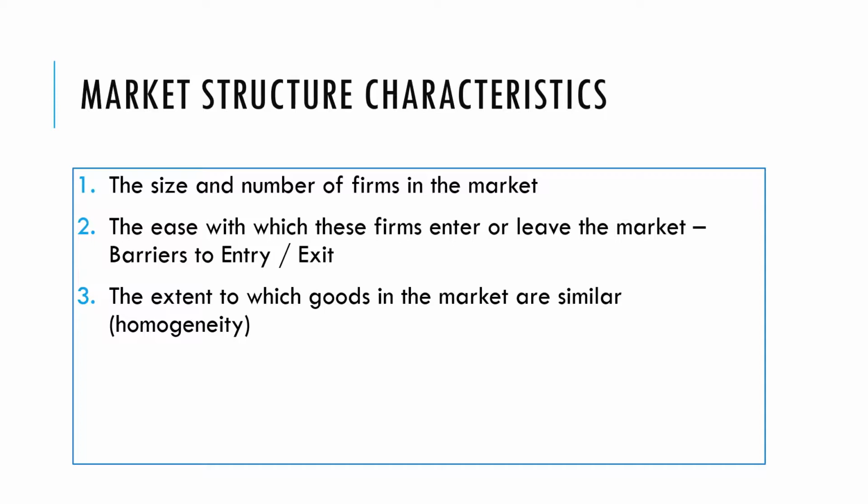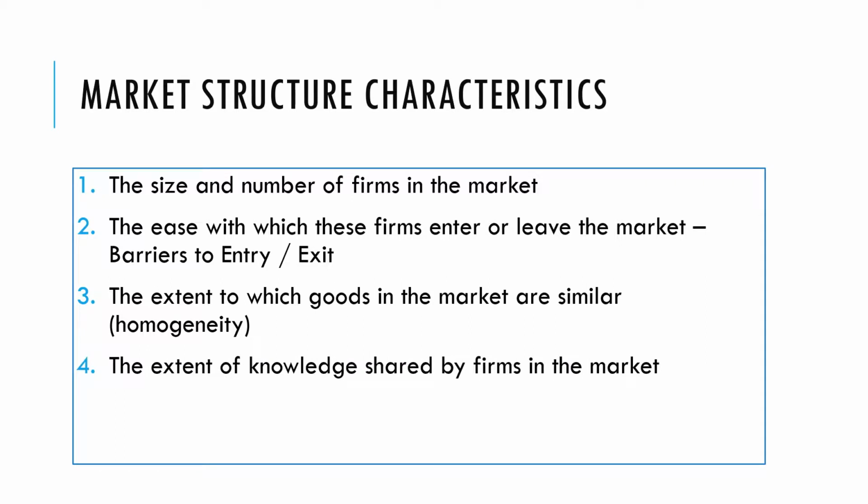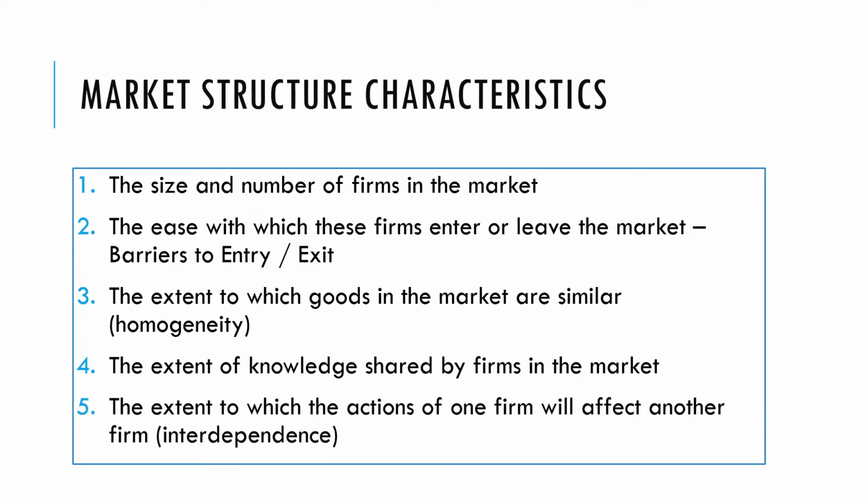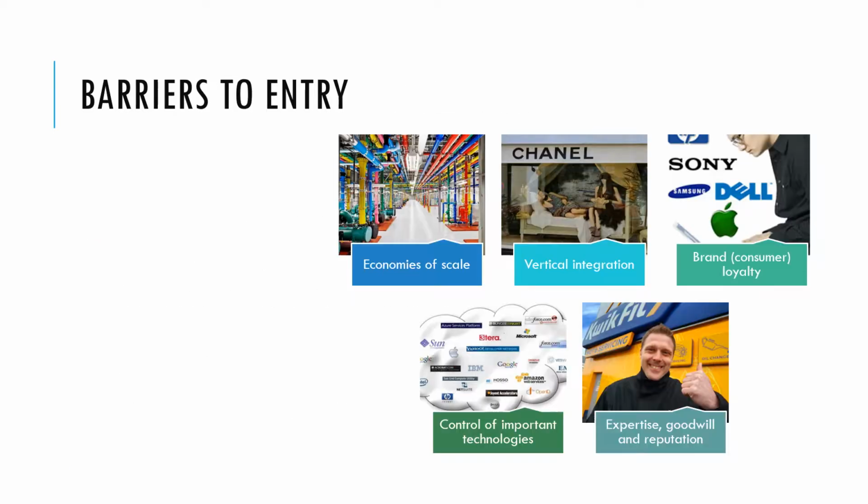We call that homogeneity. We talk about the level of knowledge shared by firms in the market. And finally, we talk about the extent in that market as to how much the actions of one firm affect another firm, interdependence. So we're going to go through each of these characteristics in more detail.